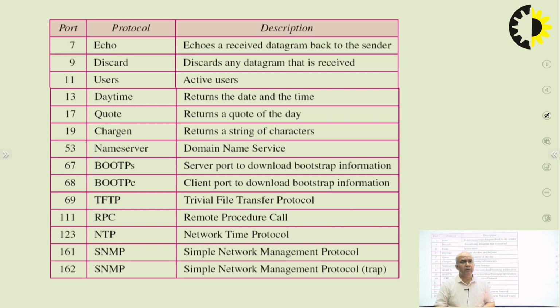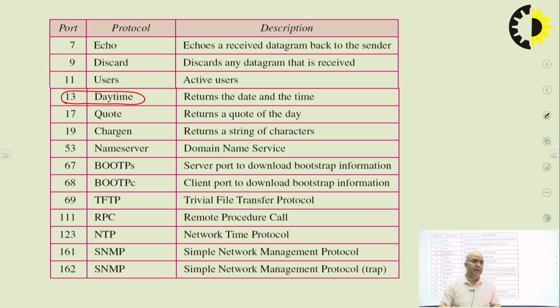Let us suppose in UDP the client wants to know the date and time of the server. They send a request with this port number, daytime. In the UDP header, the sender port number, where it has to be sent, will be defined, and it will send to the server.